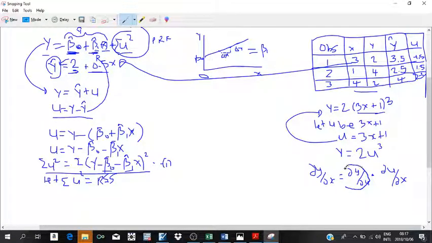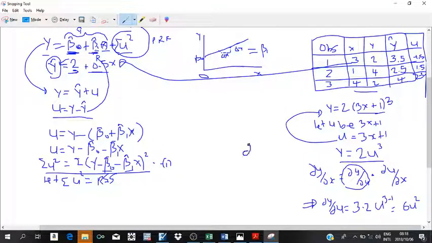Let's start with dy/du. We go to the y function. Using the power rule, dy/du is 3 times 2, then u to the power 3 minus 1, which is equal to 6u squared.